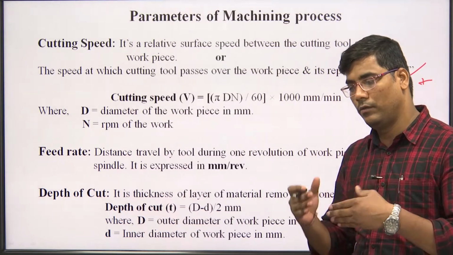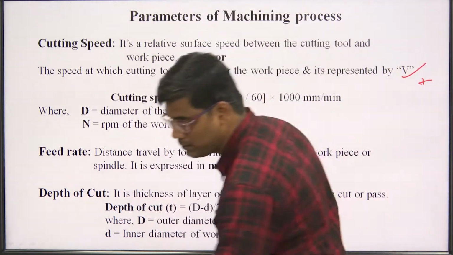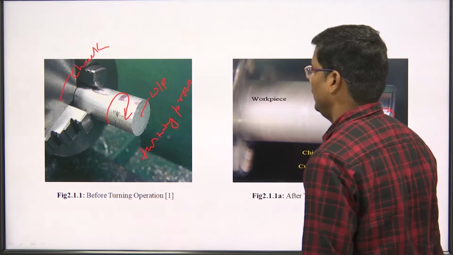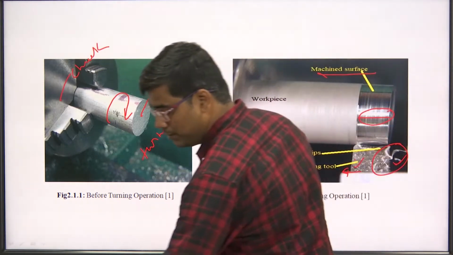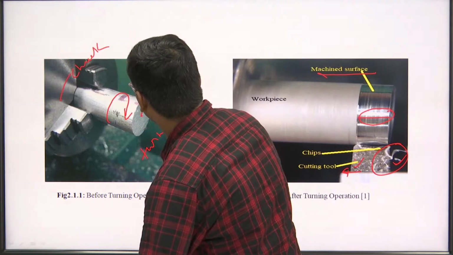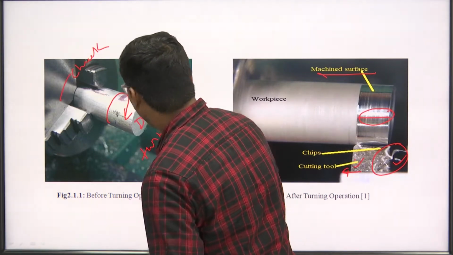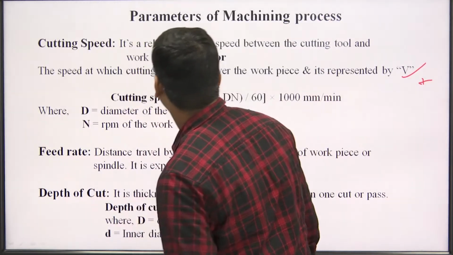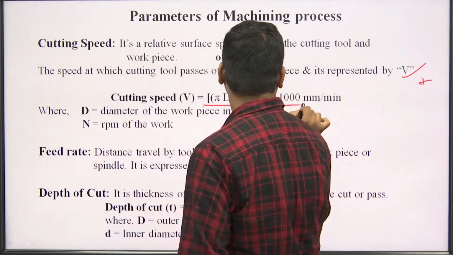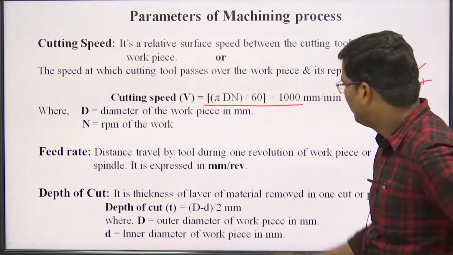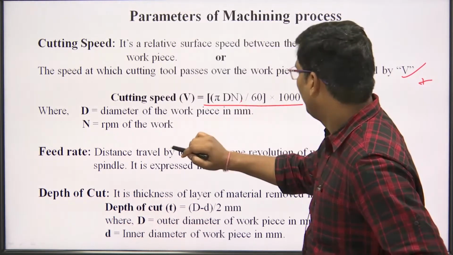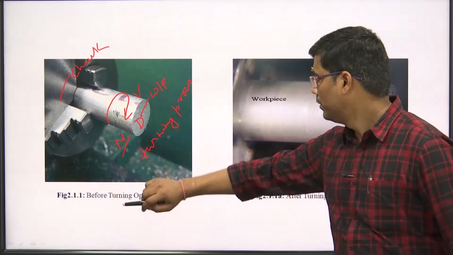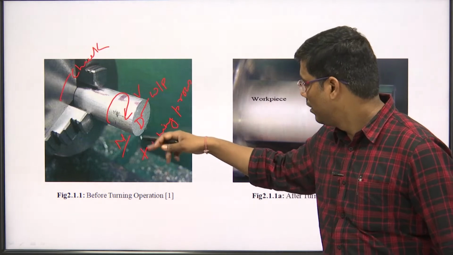That means when the workpiece rotates, as in the previous diagram, the speed at which it rotates gives the cutting speed V. With diameter D and RPM N, the cutting speed is V = πDN/60, multiplied by π into D into N, where D is the diameter of the workpiece and N is the RPM of the workpiece.